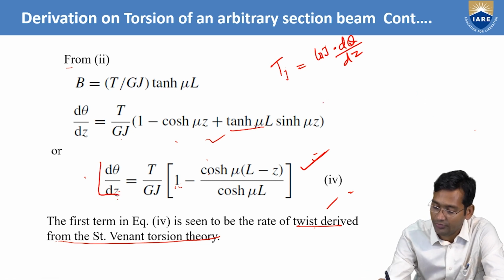So now I'm putting here. So T, therefore that Saint-Venant, is GJ into d theta by dz, this one.